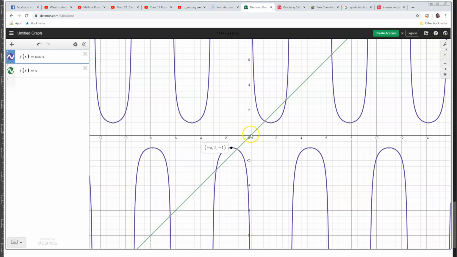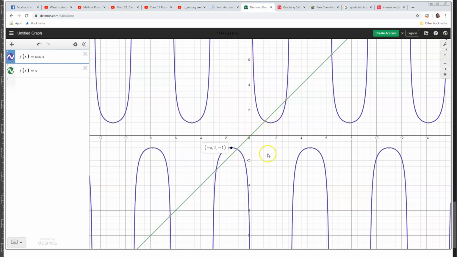Which means that you take that out, and that becomes basically the domain of this function: from negative pi by 2 to pi by 2, except for 0.